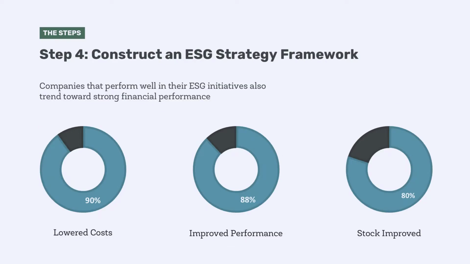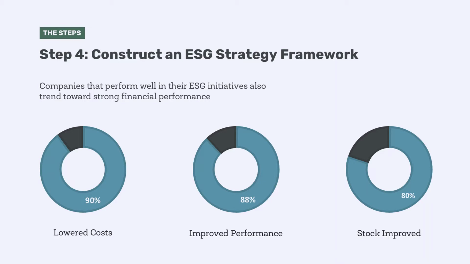As you get through those first few steps, you'll develop a good base of information that you'll need to actually start defining your ESG strategy framework. Organizations that follow these types of strategies are becoming more and more attractive to investors. Again, as we saw in the first few slides of today's discussion, these investors are recognizing that companies that perform well in these ESG initiatives also tend towards strong financial performance.